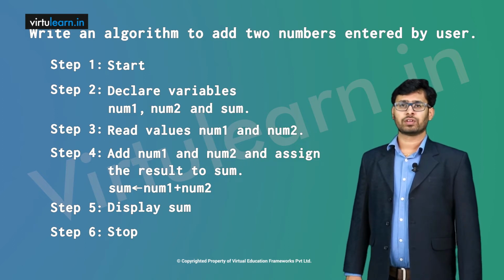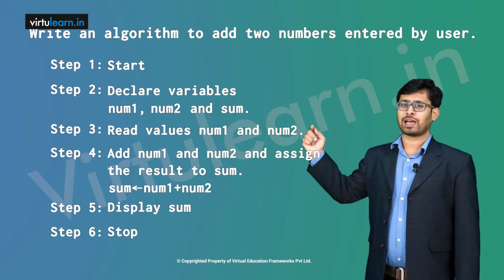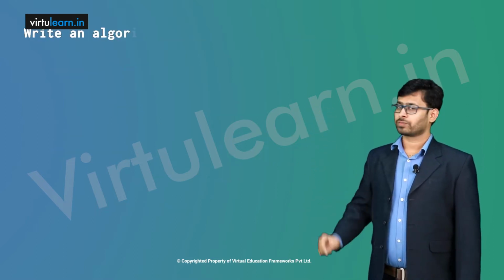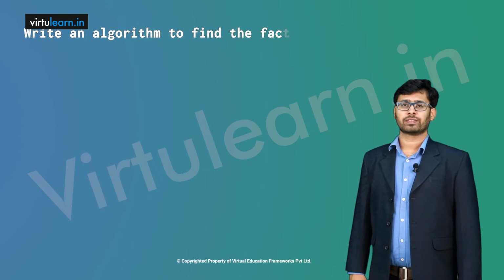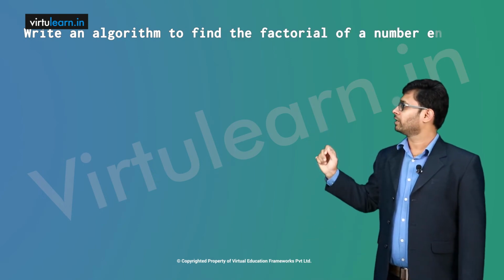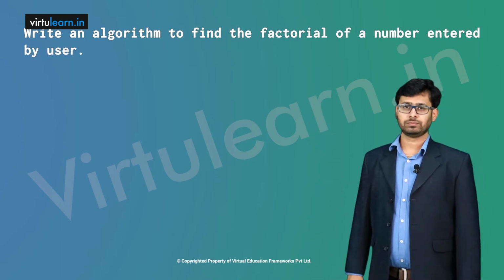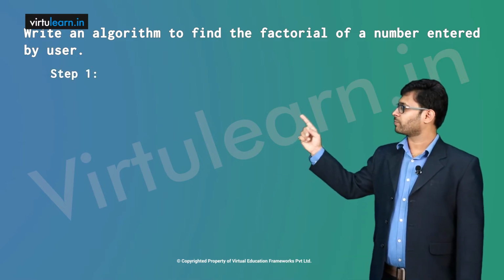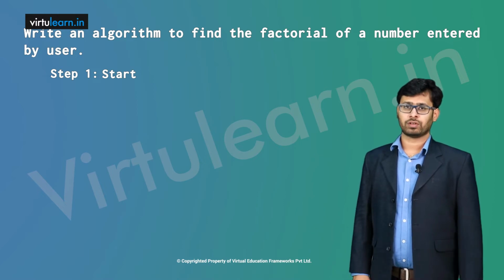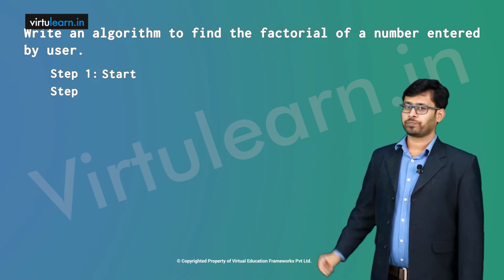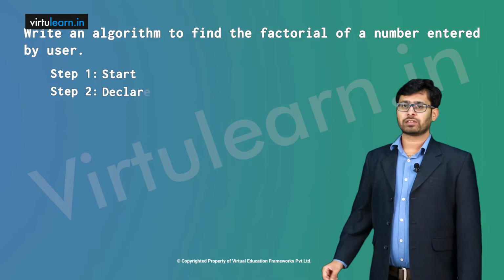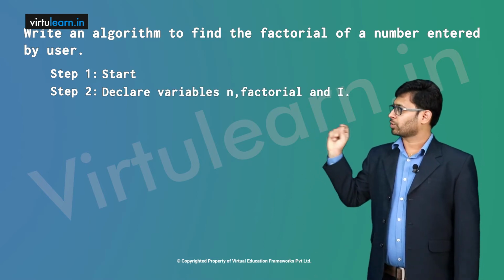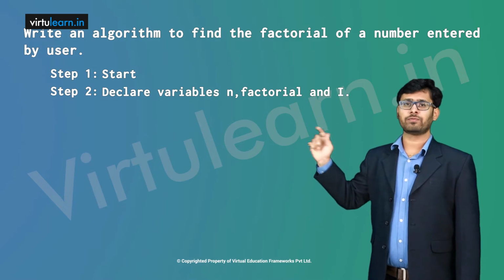Let us see the next example of an algorithm. Write an algorithm to find the factorial of a given number entered by the user. So we know what step 1 is. Step 1 is start. Step 2, declare the variables n to read the number, factorial, and I for iterations.